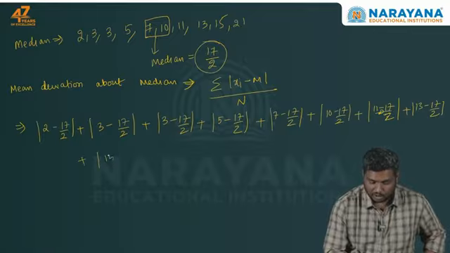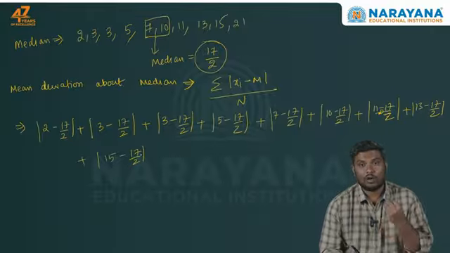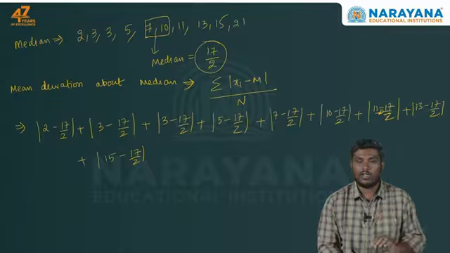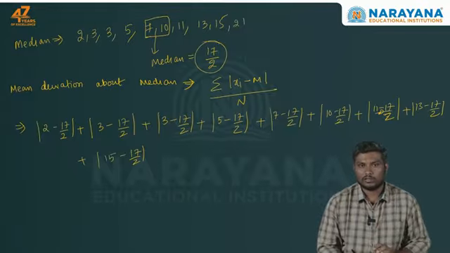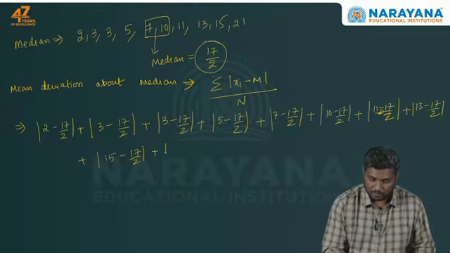As I told you, this is going to be a lengthy calculation, but since it has nothing to do with more logical thinking, one should take advantage of this, spend enough time on such questions, and get the final answer. 21 minus 17 by 2.